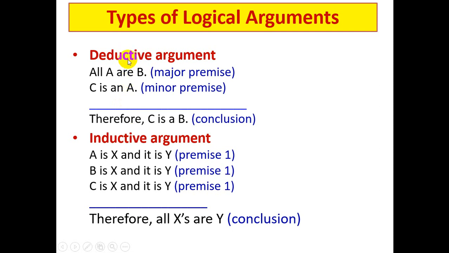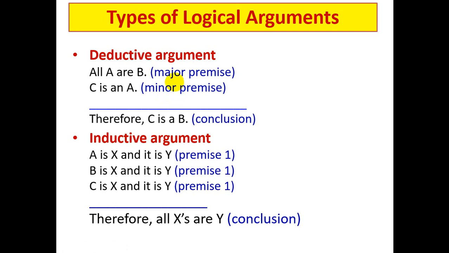But what's meant by deduction here? When we say all A are B, C is an A, therefore C is a B. This is the conclusion based upon the two premises. So what are we going to do? Just to draw a generalization.